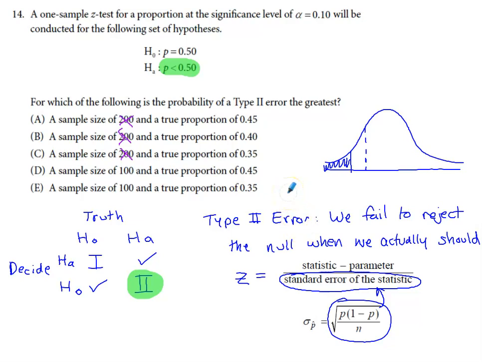It's a little bit weird to say. We are not as likely to fail to reject the null when the true proportion is further beneath it. Right? We're very likely to find evidence to reject the null when the true proportion is this far beneath the null hypothesis proportion. When the null hypothesis proportion and the true proportion are fairly close together, we are much more likely to fail to reject, and that's why we're going to decide on option D over option E.